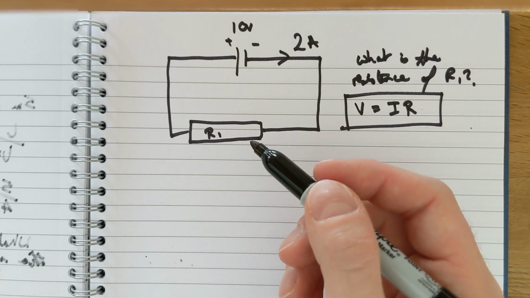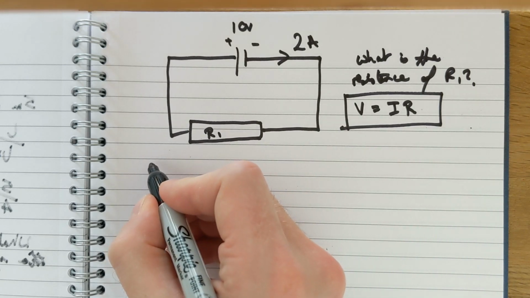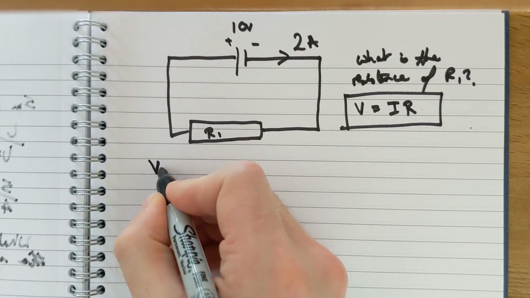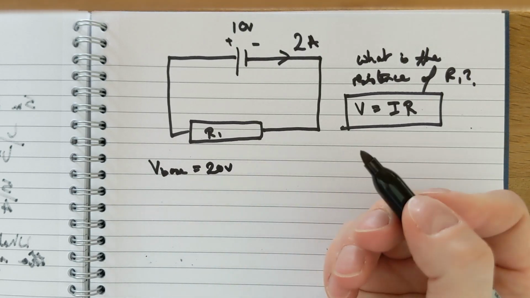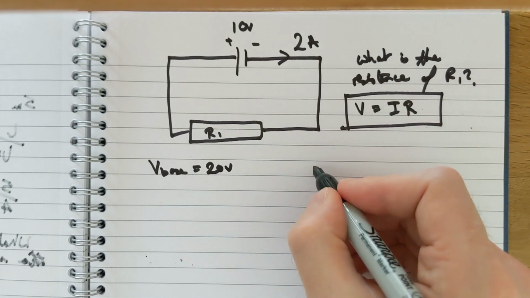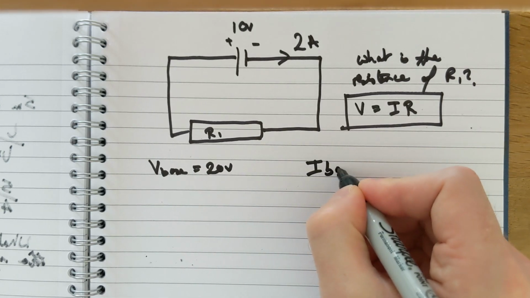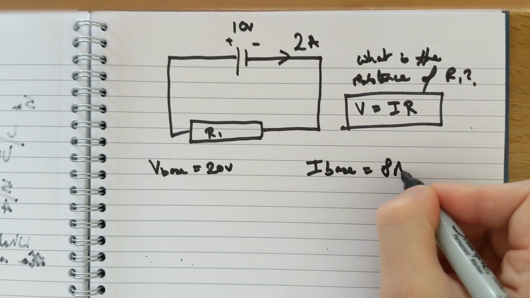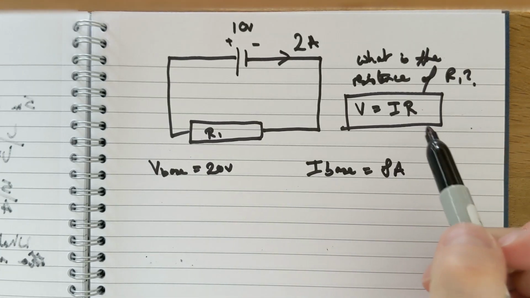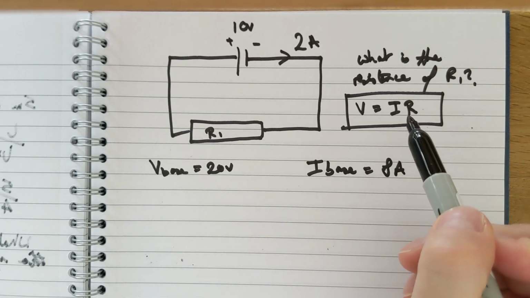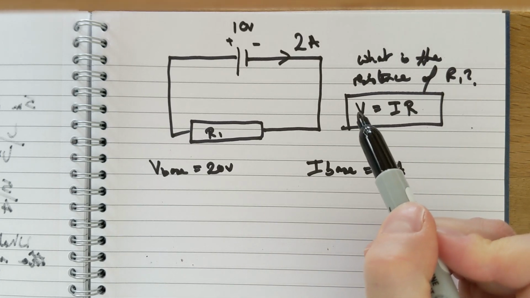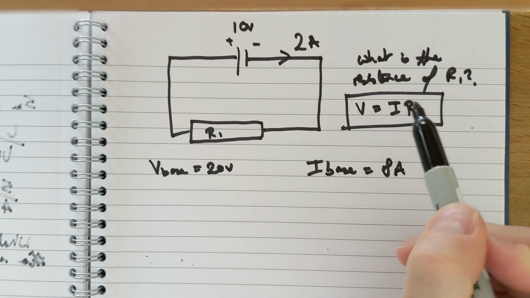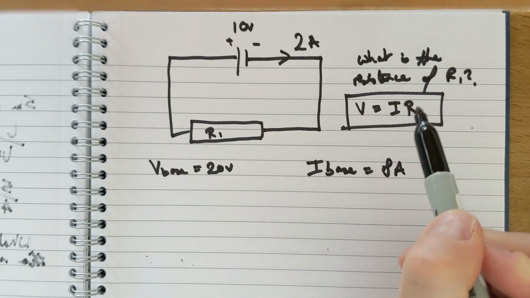First things first, we need to define some arbitrary bases. So let's define V base equals 20 volts, but we could choose anything. I base is 8 amps. There are 3 variables here, so we've defined 2 of them, and the last one is defined by the equation that describes the system.